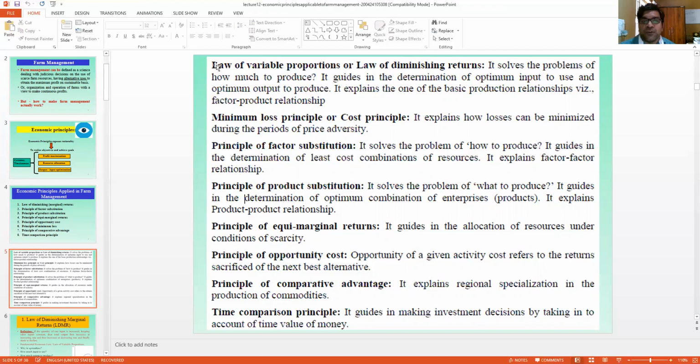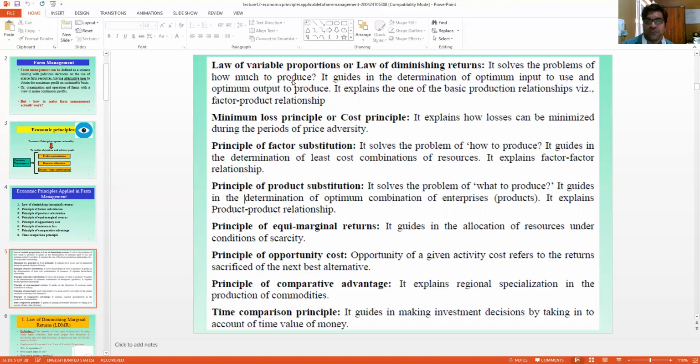So this principle is important because it will solve the problem of how much to produce. If the farm management decision is how much to produce, the farmer has to employ this law of variable proportions. He has to produce optimally. What is optimality? He has to use the input optimally and get the output optimally. So we have learned the laws, right?